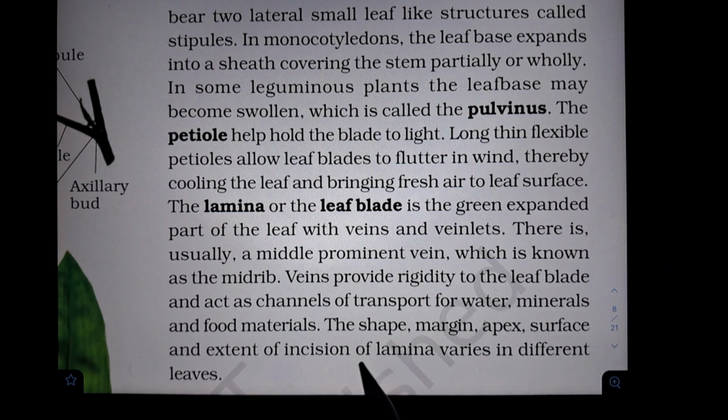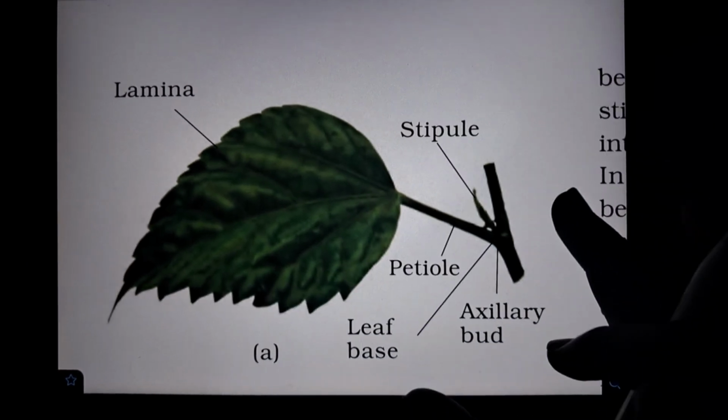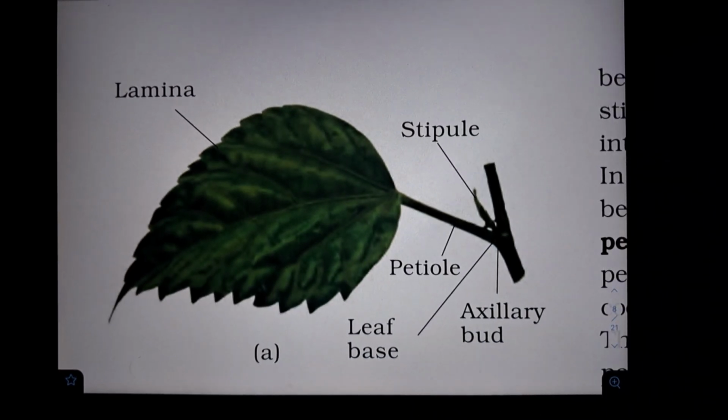The shape, margin, apex, surface and extent of incision of the lamina vary in different leaves. Here we can see a leaf.